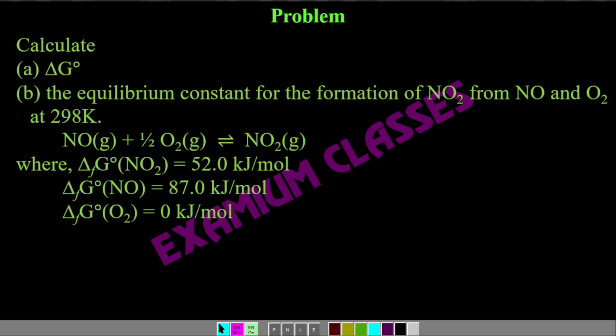Next question, calculate delta G naught and the equilibrium constant for the formation of NO2 from NO and O2 as per this reaction, and some Gibbs energy values are given.